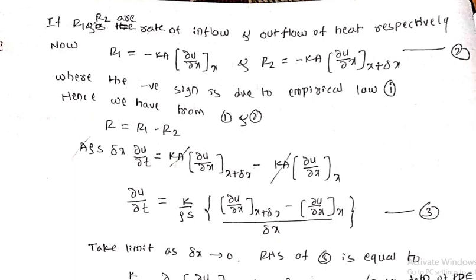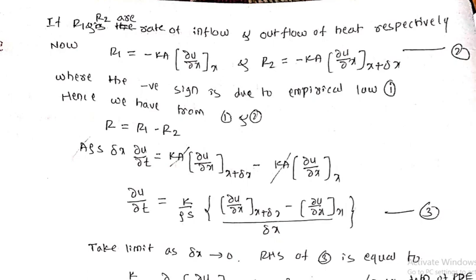R1 is equal to minus K dou U by dou x at x, and R2 is equal to minus K dou U by dou x at x plus delta x. Say equation number 2. The negative sign denotes that heat flows from higher temperature to lower temperature.